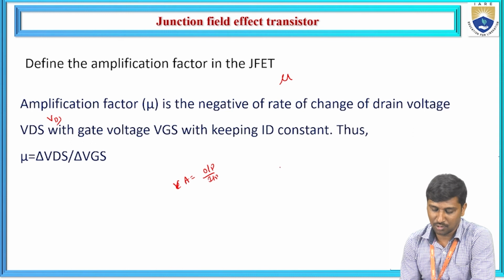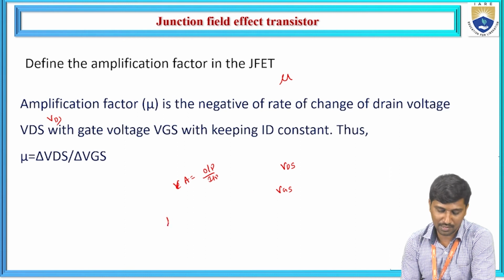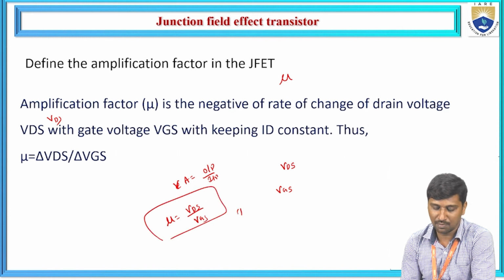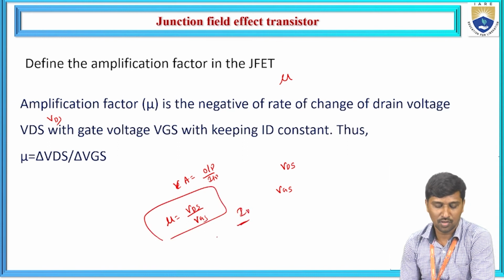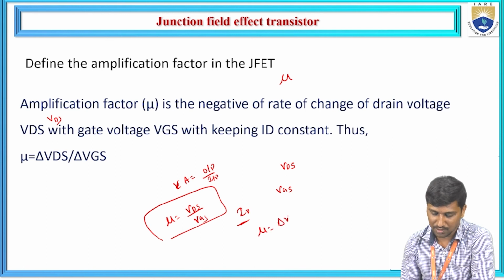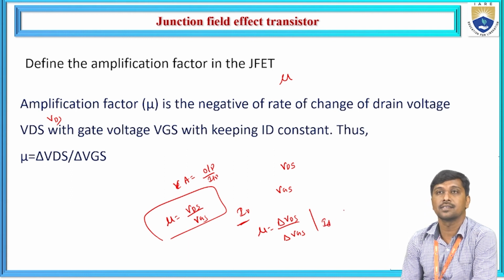For the JFET, the output is the drain to source voltage and the input is measured between gate and source. Hence, the amplification factor is the ratio of the rate of change of drain to source voltage to the rate of change of gate to source voltage, while the drain current is constant.